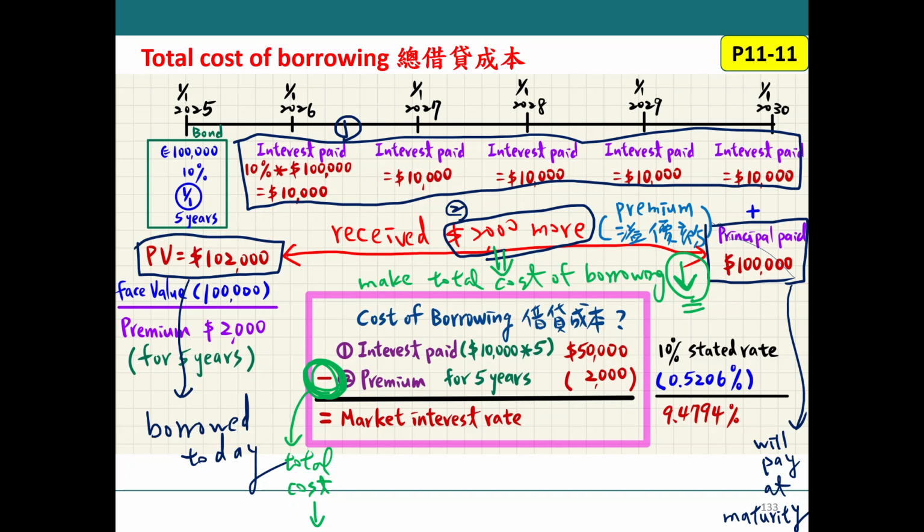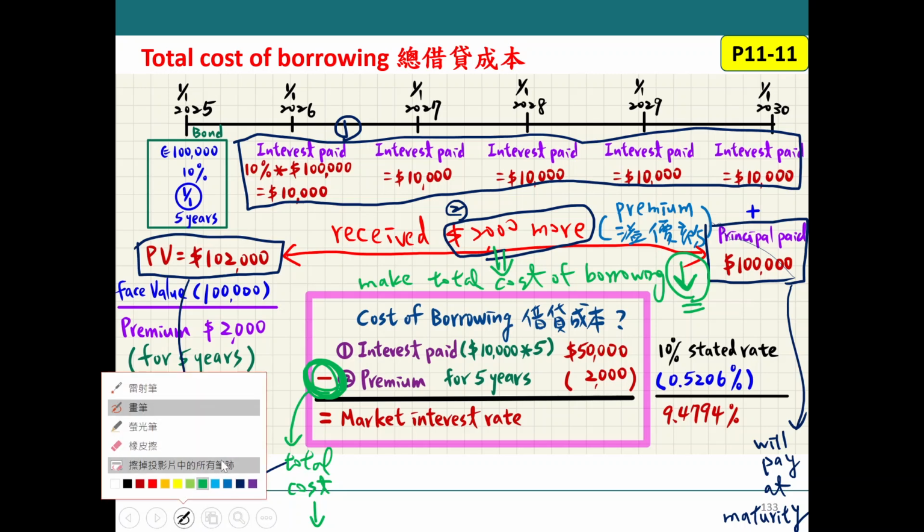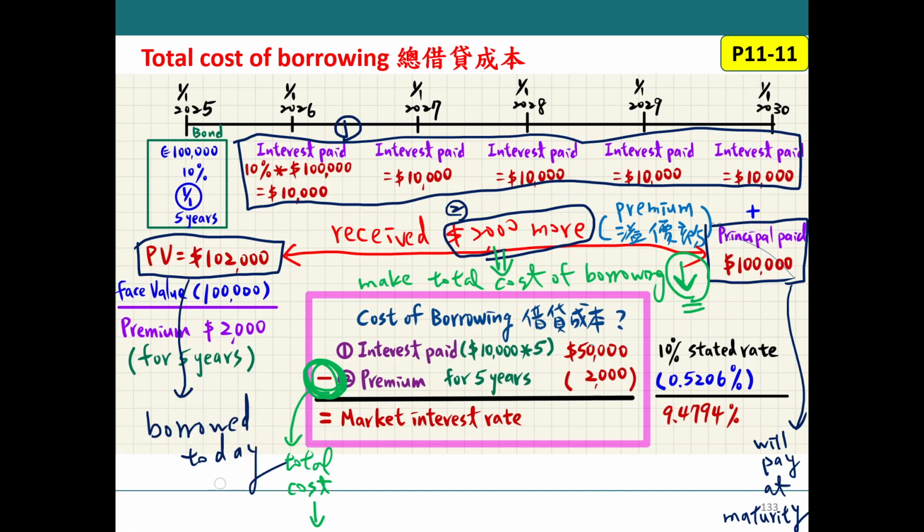In this case, they want the market interest rate, which is only 9.4794%. But for your first cost of borrowing, you promised 10%, so you pay 10%. They only want 9.4794%, so you pay more.